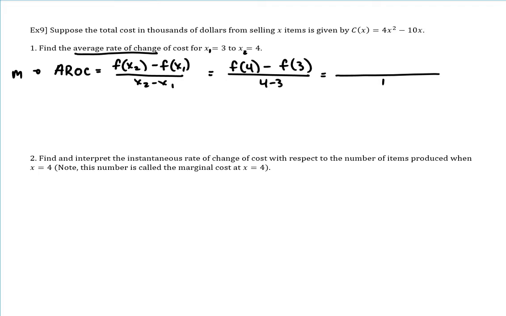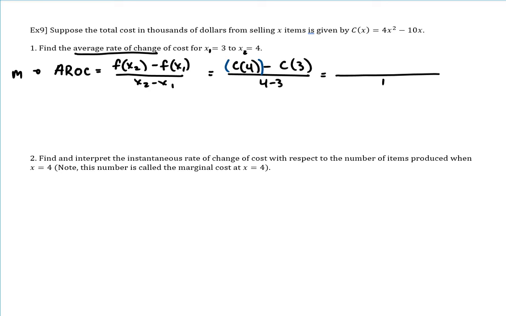Well, to do f of 4, I'm going to use my blue color here. I used f as our generic one, but the cost function here, they used c. This really is the same thing as f of x in this problem, but it probably is better to go back and change these to c's. Sorry if you're using ink. So that's our generic formula.